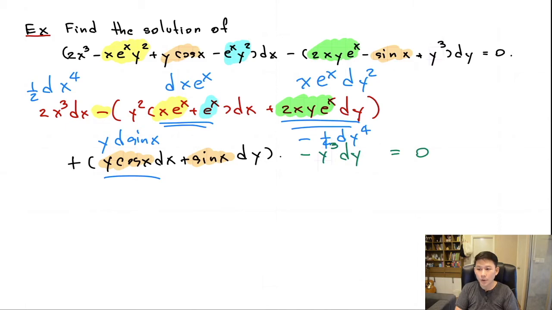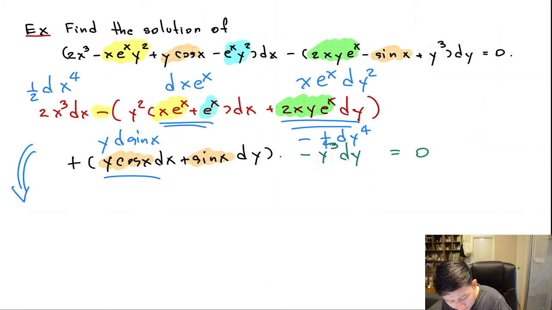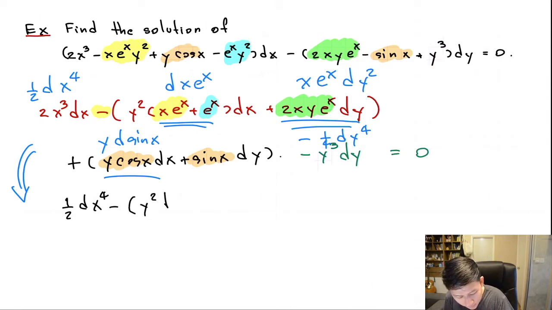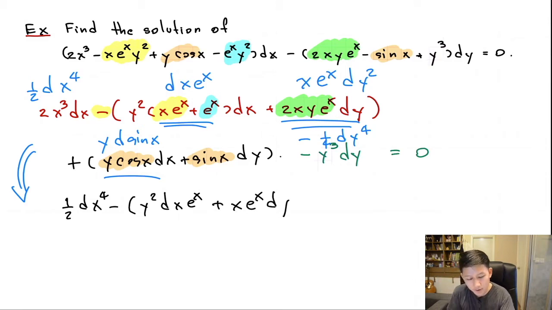Okay, so I'm going to rewrite this guy. What I have is half of d x to the power of 4 minus y squared dx e to the x, dx e to the x plus x e to the x dy squared, right?